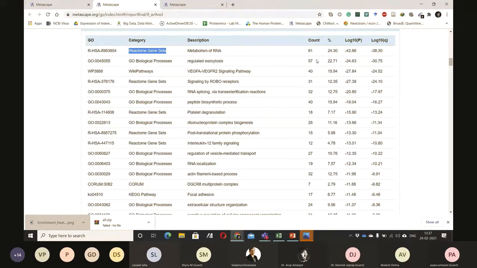Then you have percentage enrichment, which is how much of your data set matched with this particular pathway, and count is the number of genes involved in that pathway. So out of the 256 inputs that we put, 61 proteins were involved directly with metabolism of RNA.